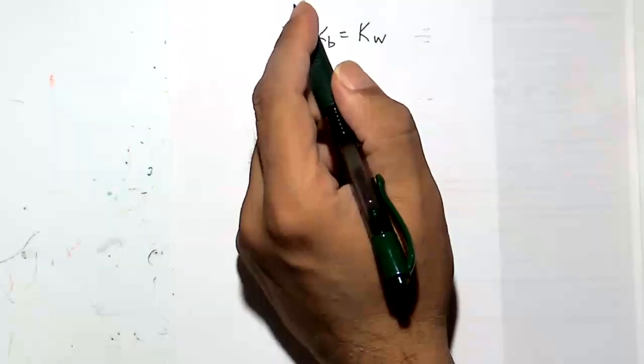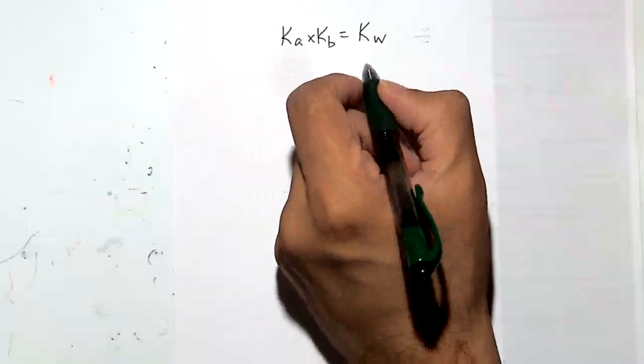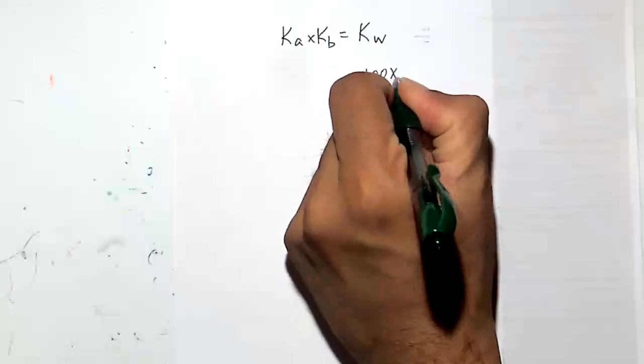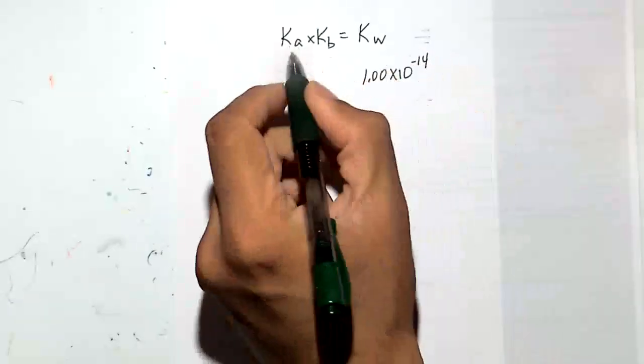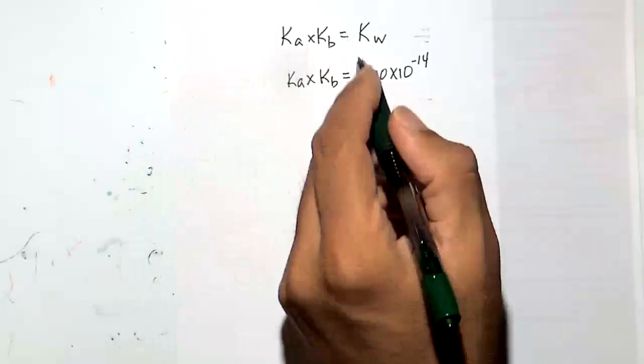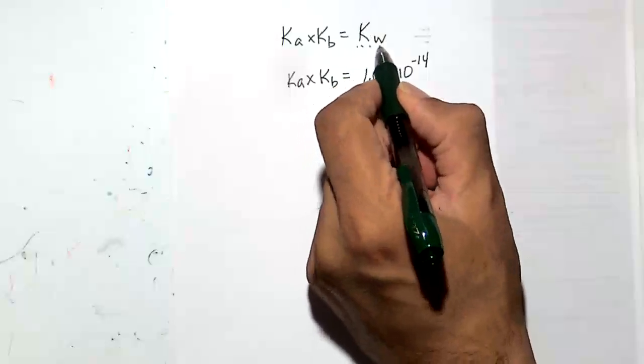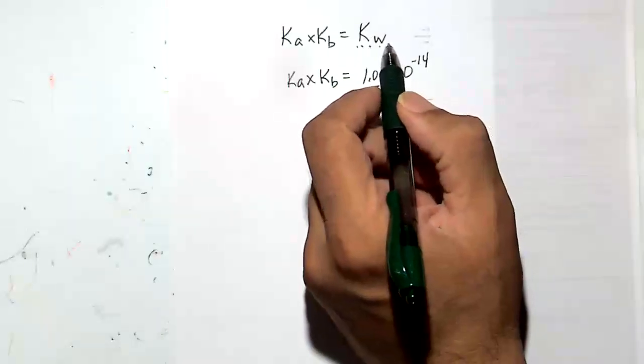So that's another relationship that we should know about. Ka times Kb is equal to Kw. What is Kw? It's 1.00 times 10 to the minus 14. All right, that's Kw.